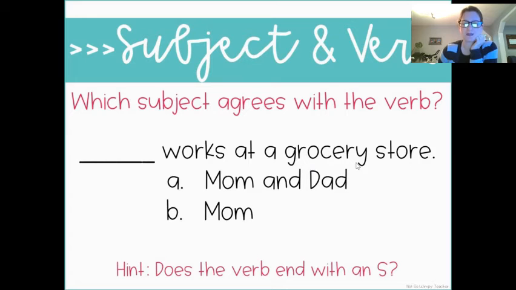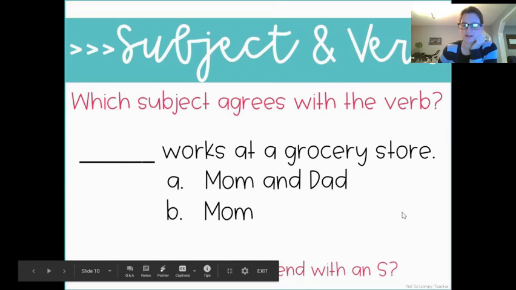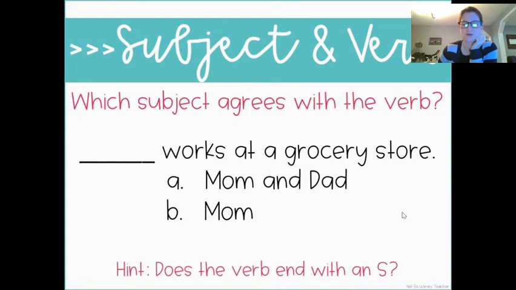Okay. Which subject agrees with the verb? Someone works at a grocery store. Is it mum and dad works at a grocery store or mum works at a grocery store? Well, the verb, the action, is works, and it has an S on the end.